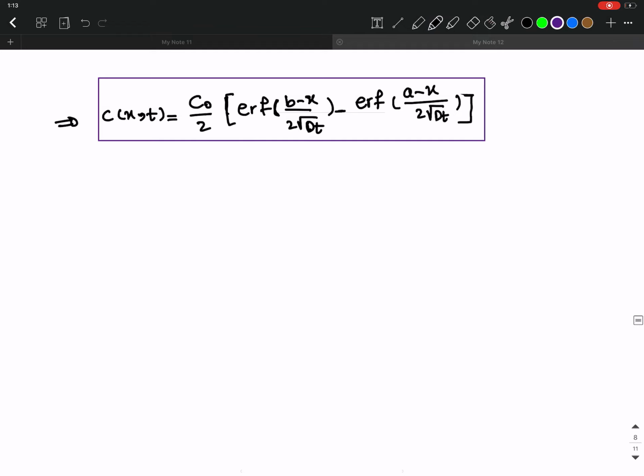So here we are going to also add the advection term.